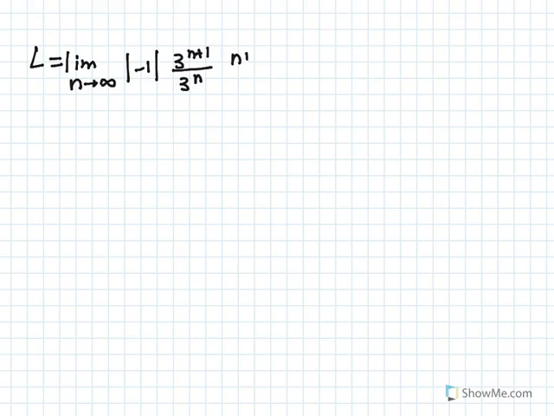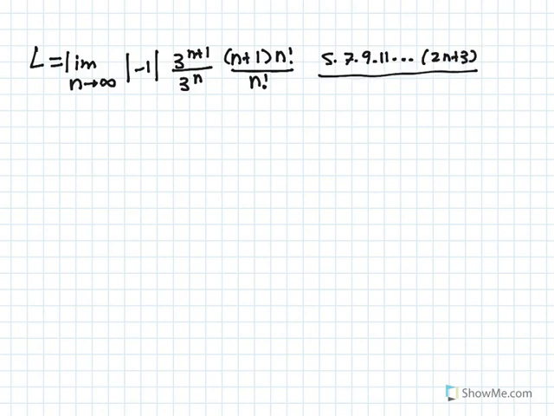We have n plus 1 factorial, which we rewrote as n plus 1 times n factorial, divided by n factorial, and we had 5 times 7 times 9 times 11 all the way up to 2n plus 3. And in the denominator, we have 5 times 7 times 9 times 11 all the way to 2n plus 3, times 2n plus 5.